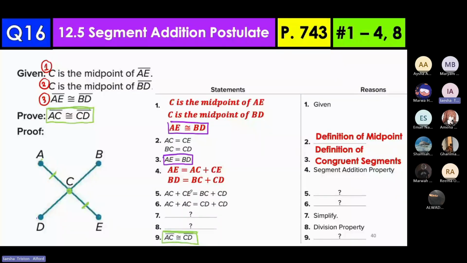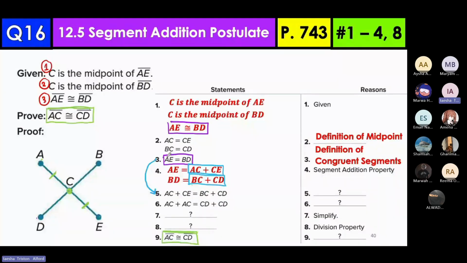Now number 5, you have to see what's happened. Coming from line number 3. We know that AE is equal to BD in line number 3. So in line number 4, AE is equal to this one, and BD is equal to this one.